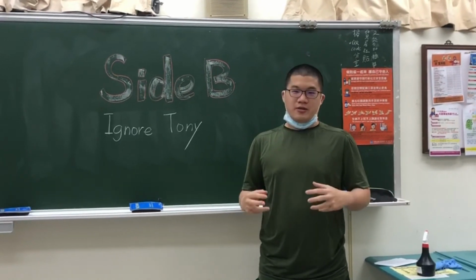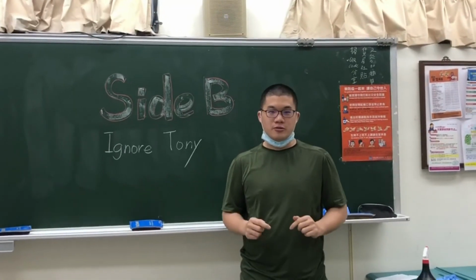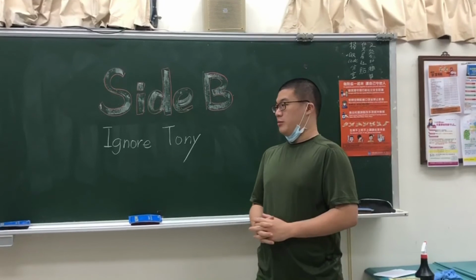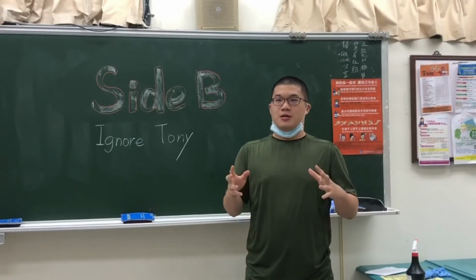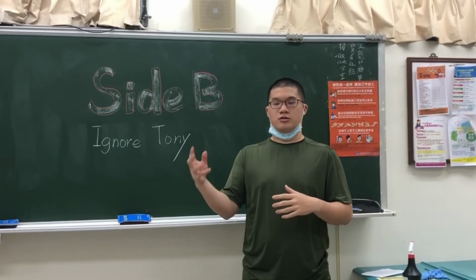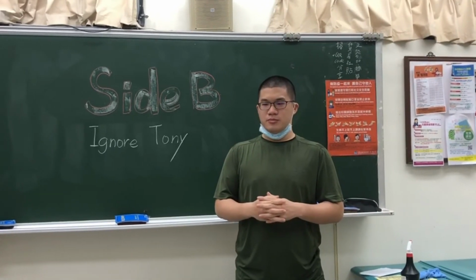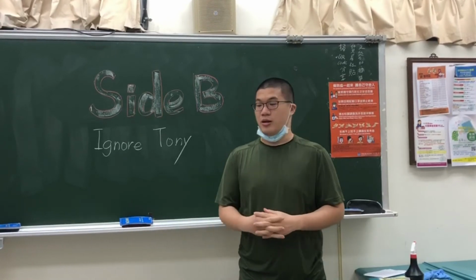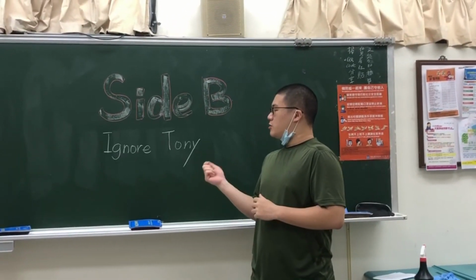So I believe at this moment, Miss Lin has already fulfilled her responsibility to stop the student. And if Miss Lin tries to do more, then she will waste other students' time. That's what I'm concerned about.